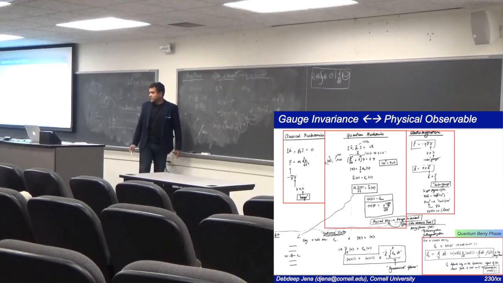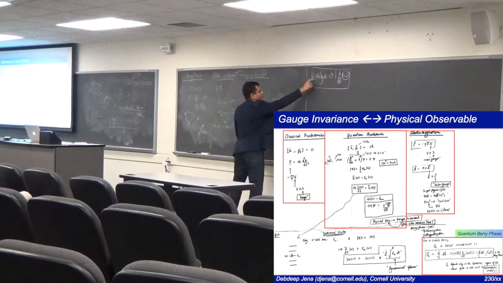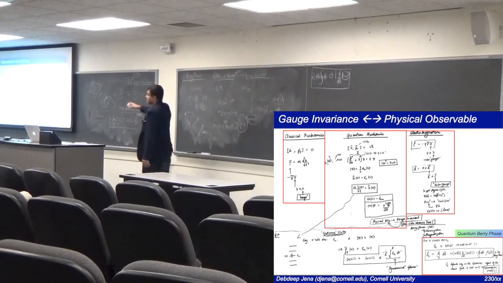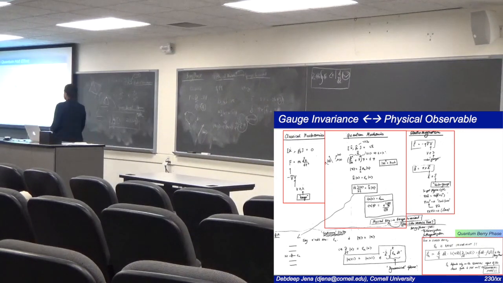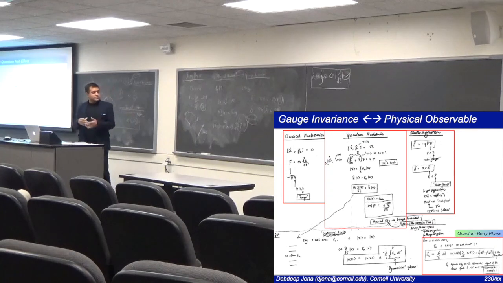We're going to discuss that in the next class. But what he finds is this, and this very phase in the end manifests itself as conductance steps, as electric polarization in crystals, as magnetization, as the anomalous Hall effect, all these other things. So this is what ends up contributing to those many things.